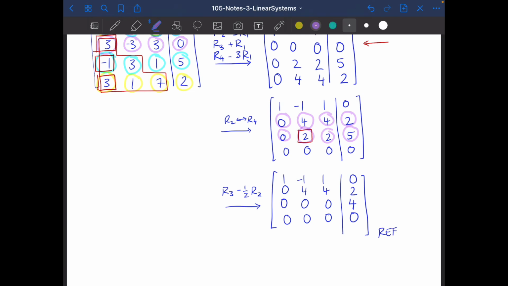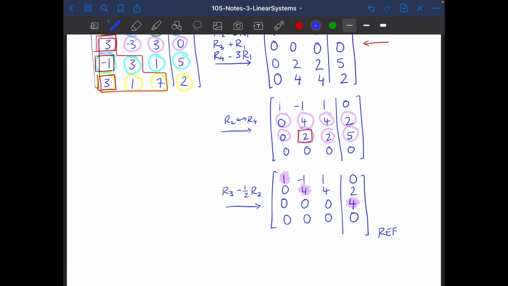The row of zeros was banished to the bottom, and the leading entry on each row is to the right of the leading entry on every row above it. And so we move on to the next step of Gaussian elimination, which is to write the new corresponding linear system.